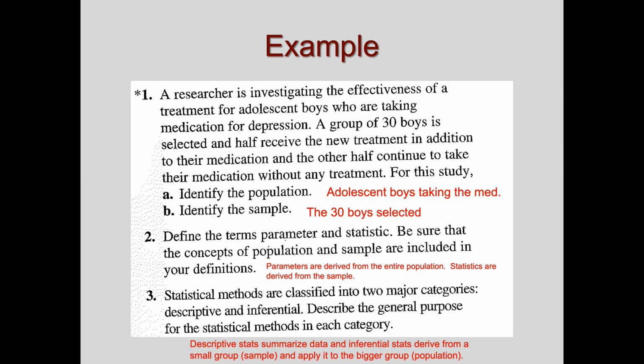So with descriptive stats, you're dealing with the entire company, you're dealing with all of the salaries written out there, and it summarizes that data in terms of something like a pie chart.